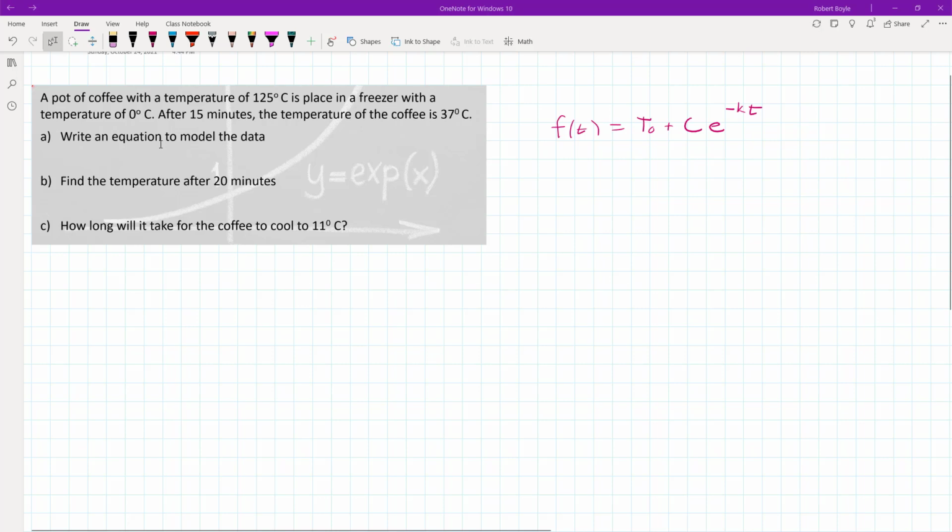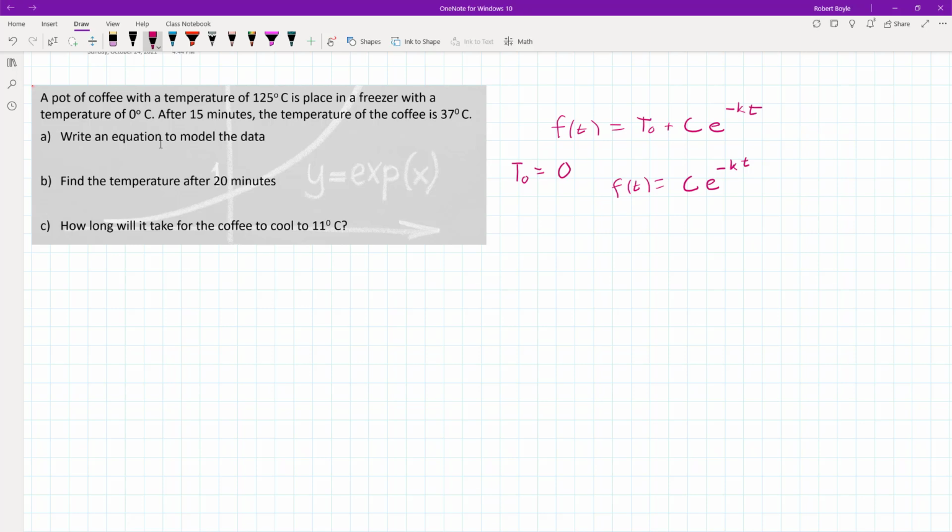Now, recall that T0 is the temperature of the environment that it is placed in. Therefore, we're placing a cup of coffee into a freezer with the temperature of 0 degrees Celsius. So T0 is equal to 0. And that basically tells us that f of t is equal to some number c times e to the negative kt, where once again t is time. All right?